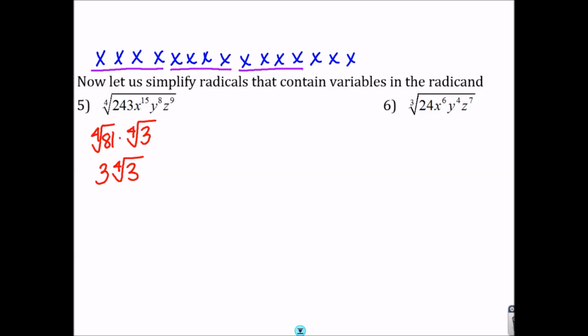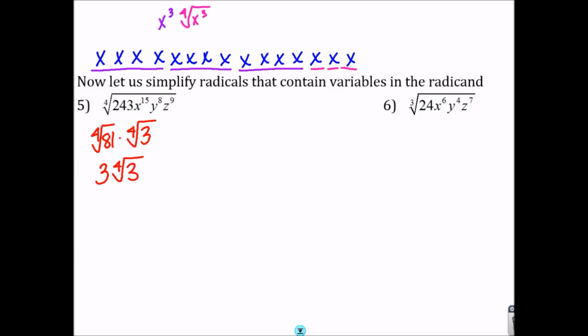So that means I have 3 sets of 4. So that means I can write an x cubed outside the radical, and then I have 3 x's left over, so I'll write those inside the radical.